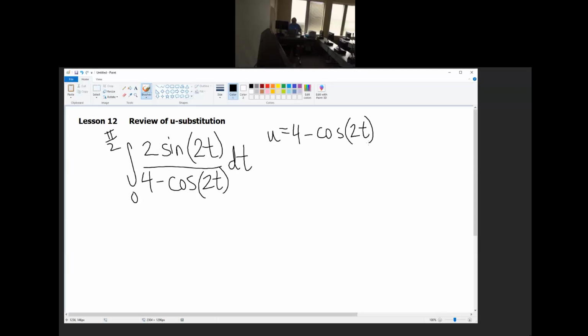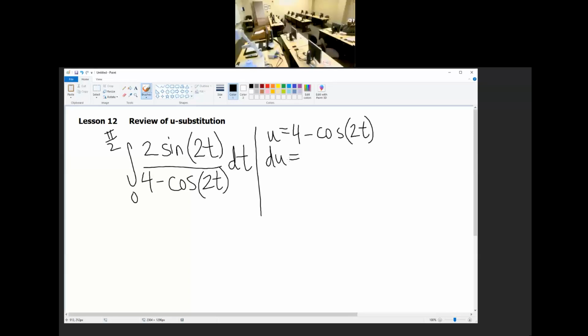Now, once you label your U, take the derivative of both sides. So the derivative of U is du. The derivative of 4 is 0, of course. And the derivative of negative cosine of 2t, we have to use the chain rule.